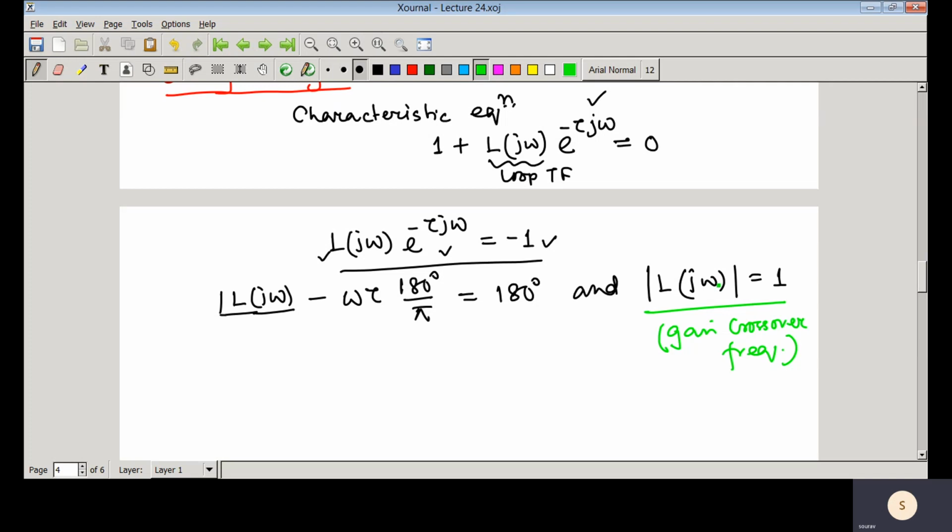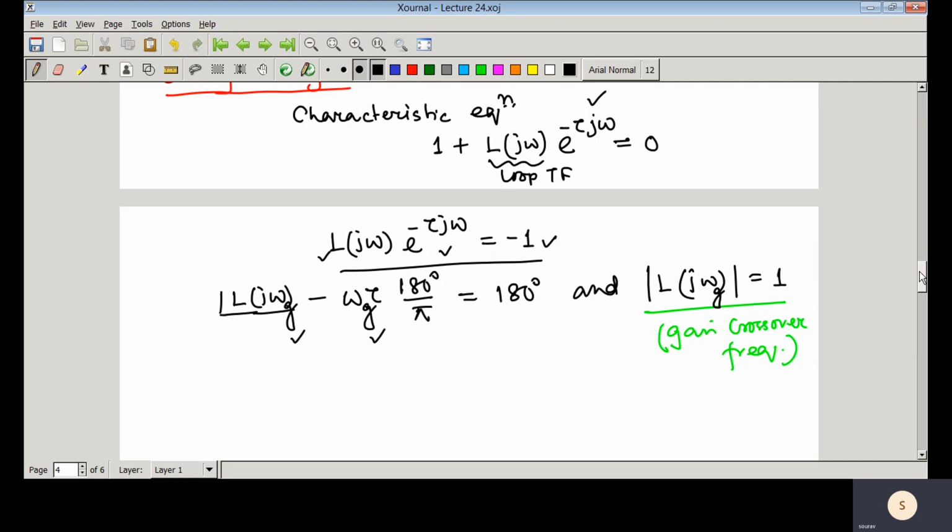So whenever we multiply with that delay term, you can see that gain crossover frequency remains the same. We are just indicating that gain crossover frequency by omega g. Then we can see that the angle criteria also will be fulfilled at gain crossover frequency. That's why I have written that omega g here.